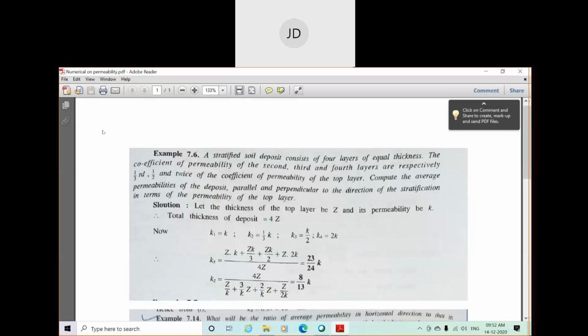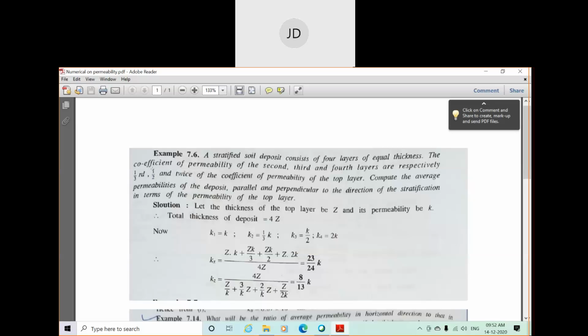Now as per the given condition in the problem, k2, the coefficient of permeability of the second layer, is one third of the first layer, so one third of k.